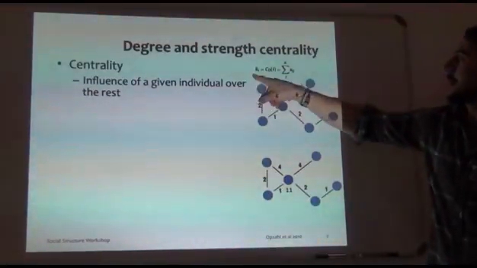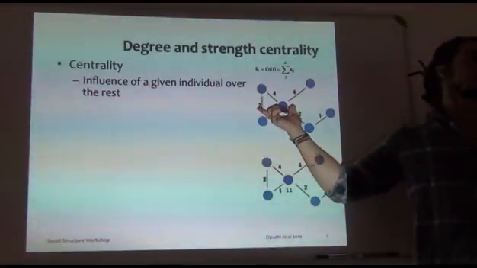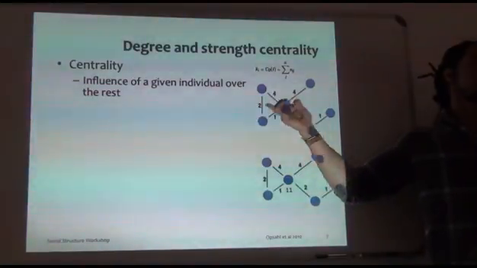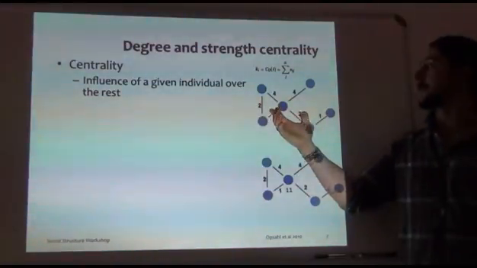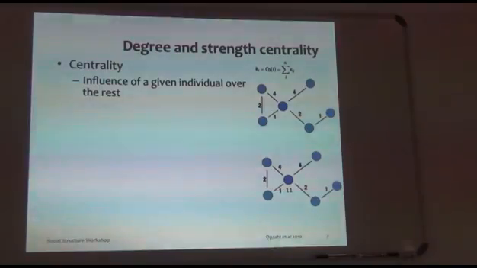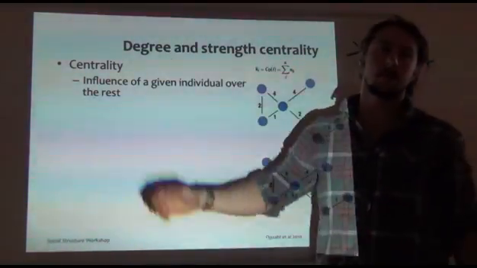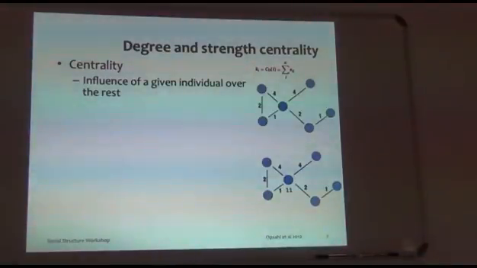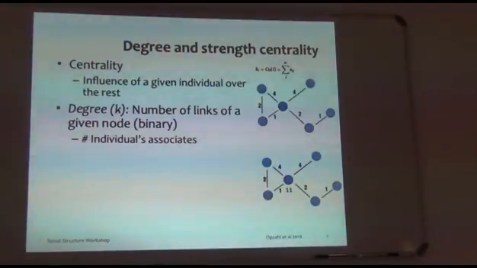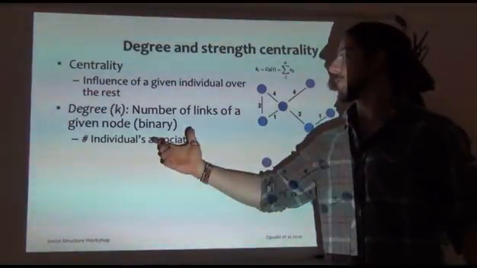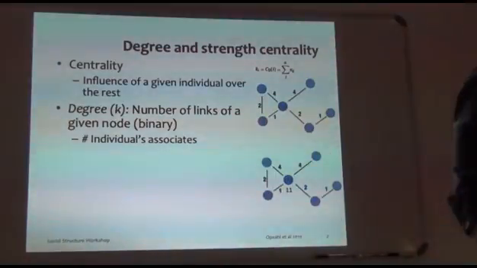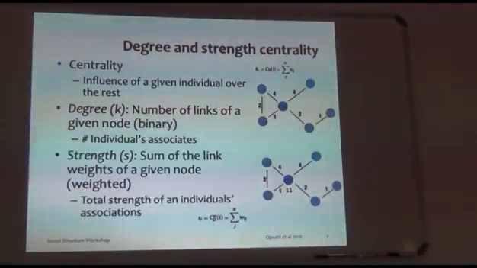So the degree of this guy would be just 2, because of the number of connections they have, the number of associates. Does the strength matter? No, degree is the binary centrality, so just the number of links of a given node. In a social network it would be the number of individuals, associates, friends, or buddies.